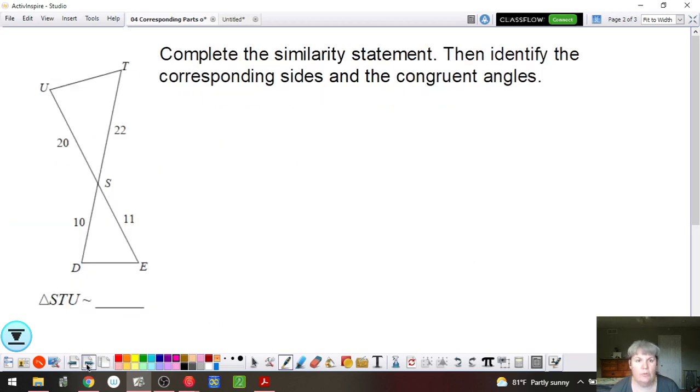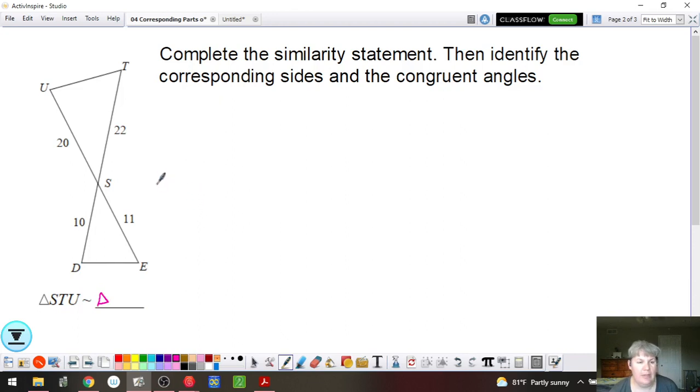First, we're going to practice completing this similarity statement for these two triangles, identifying corresponding sides, and the congruent angles. We want to make sure that you understand how to find the corresponding pieces and how to pair them up. So we have triangle STU is similar to, we're going to finish this statement with triangle.